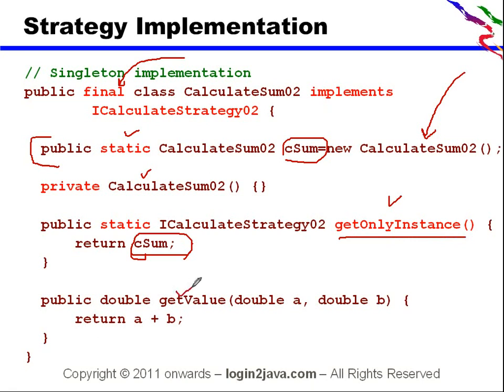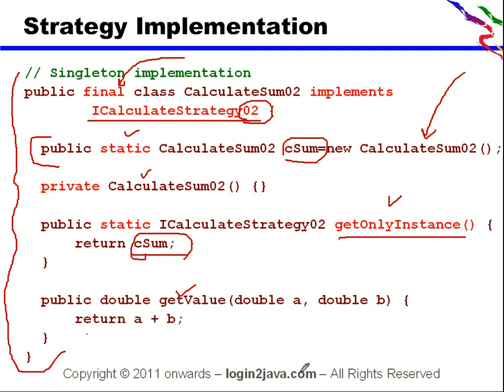And here is the getValue method, that is the concrete implementation of ICalculateStrategy02. 02 is used for our second example. So we are implementing the same strategy. So we have created concrete strategies as singleton classes.